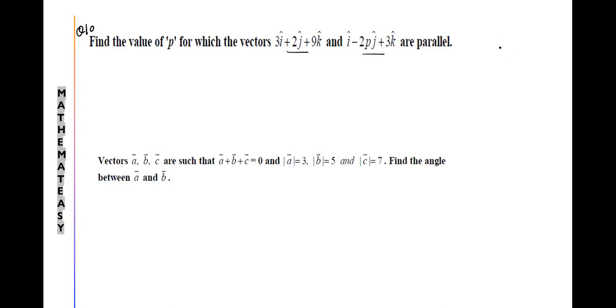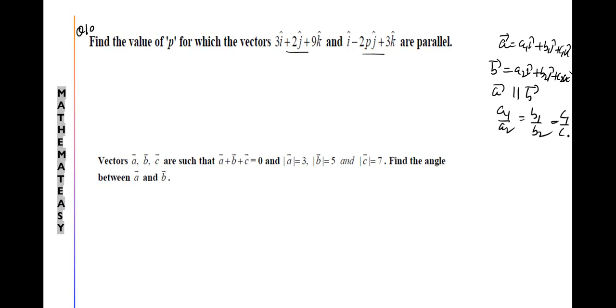As we know, when vector A is A1 i plus B1 j plus C1 k and vector B is A2 i plus B2 j plus C2 k, A vector parallel to B vector means A1 by A2 equals B1 by B2 equals C1 by C2. You know this? So let this be A vector and this be B vector.